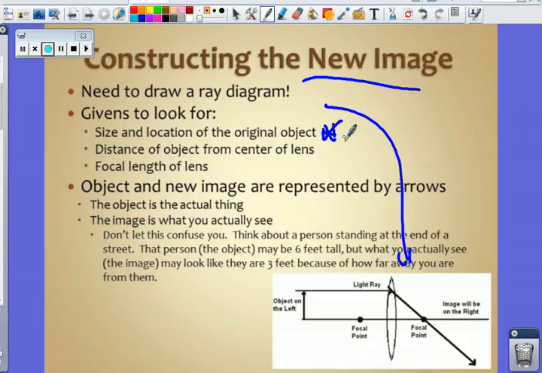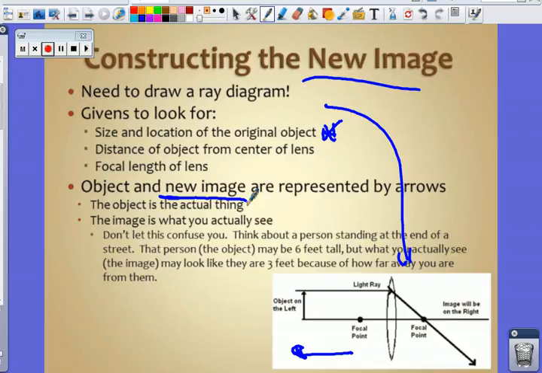Ask yourself, am I inside the focal point or outside the focal point? There are some assumptions you can go by when you start learning this. If the object is outside the focal point, certain things are going to happen; if the object is inside the focal point, certain things are going to happen. We can figure out where the new image is going to be without even having to take a picture.